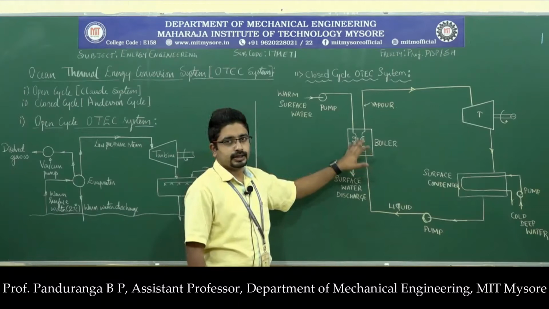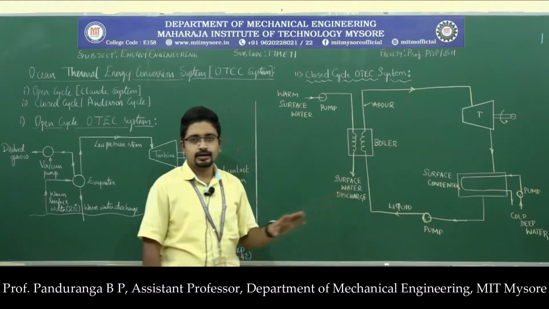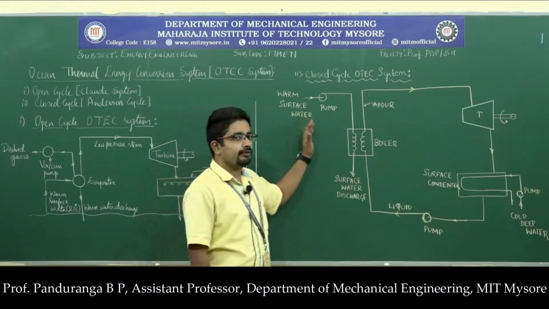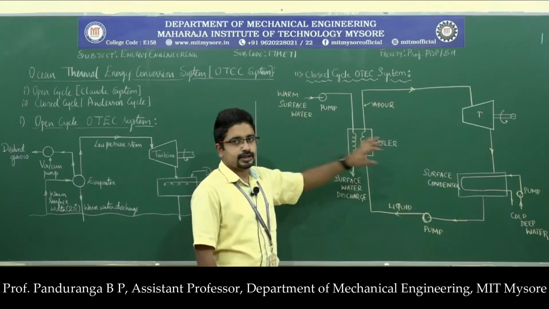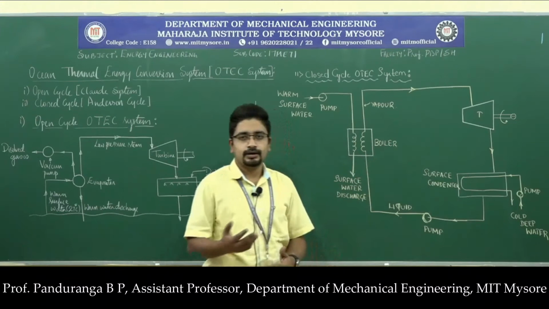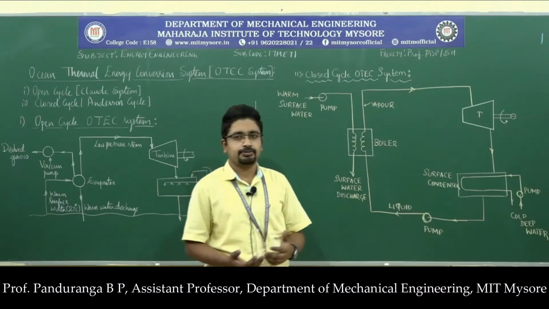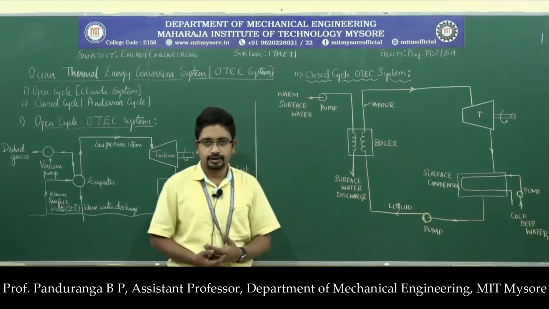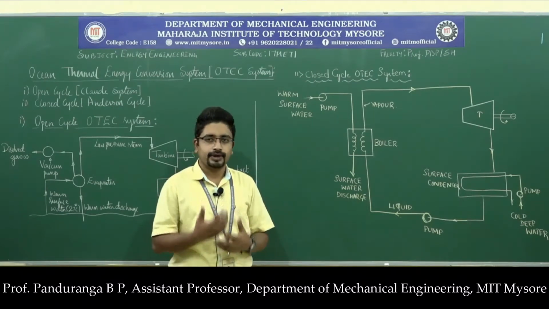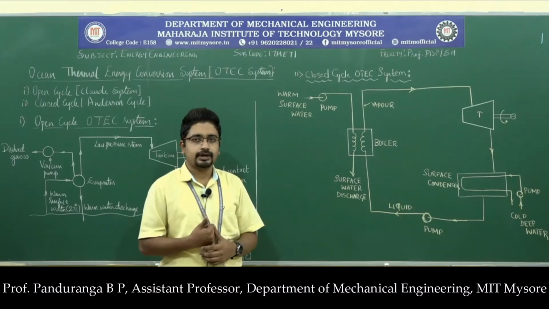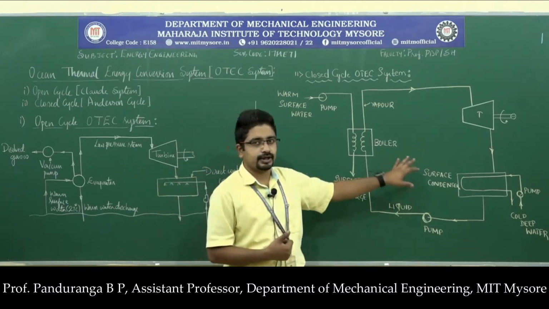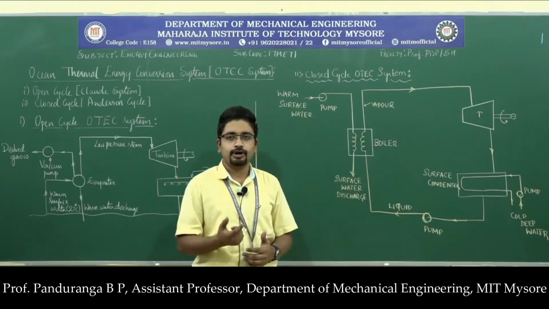The boiler is a heat exchanger where the surface warm water exchanges heat to another working fluid. Here the working fluid can be ammonia, propane, or freon, which have very low boiling point. So the advantage of having refrigerants as working fluid here is they have low boiling point.